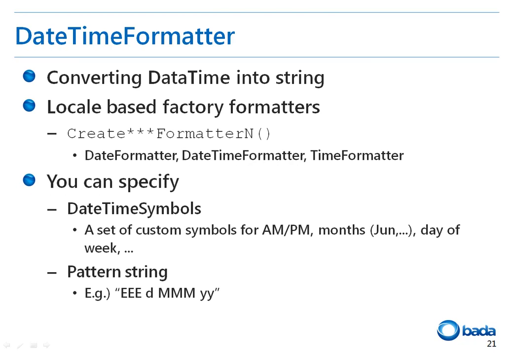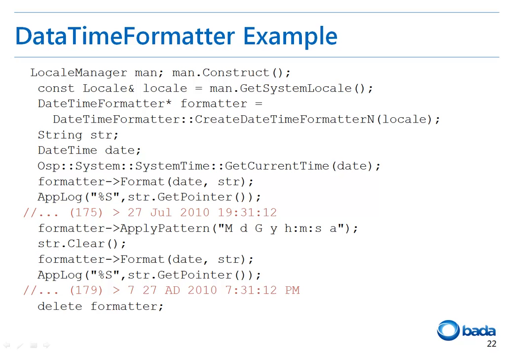Next is the date-time formatter class. The date-time formatter class converts the specified date and time to a string appropriate to the locale. In addition, you can change the formatter as required using the date-time symbol class or by applying a specific pattern string. Now, let's have a look at an example.